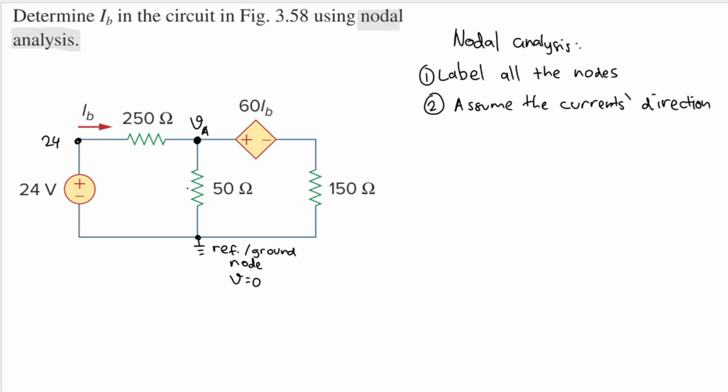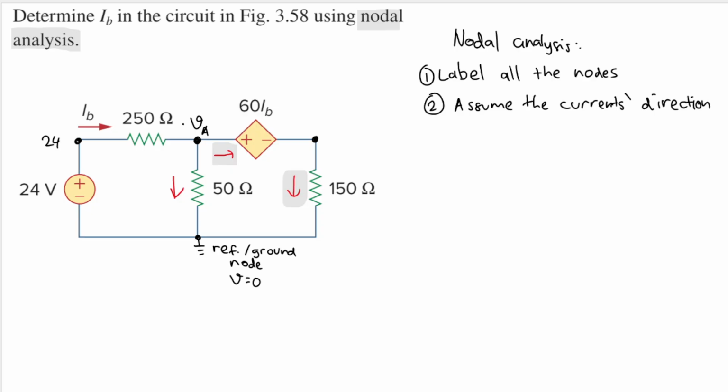Maybe this one goes down, and this one goes to the right, and eventually it turns and goes down here. However, we cannot calculate this current directly. But fortunately, it is in series with this one, so this current and this current are the same. So we can calculate via this current, but for that, we need this value here.